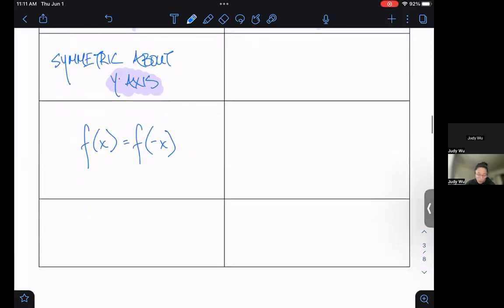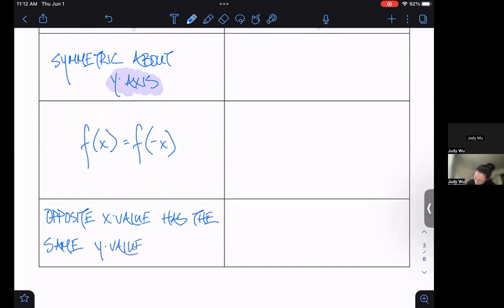And if we think about what this means, this just means that the opposite x value has the same y value. The opposite x value has the same y value.